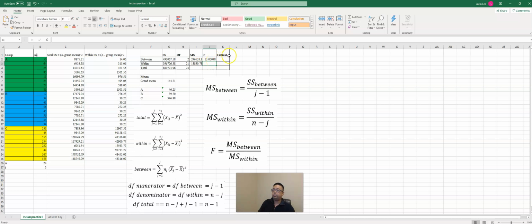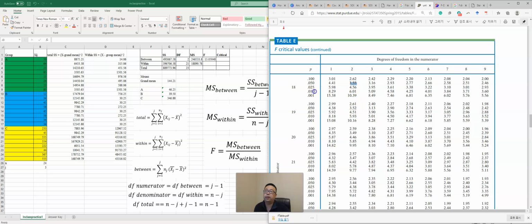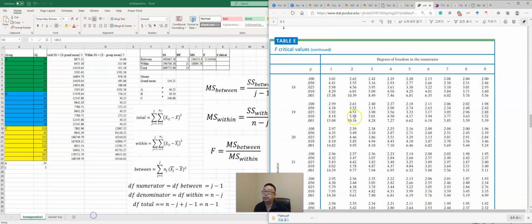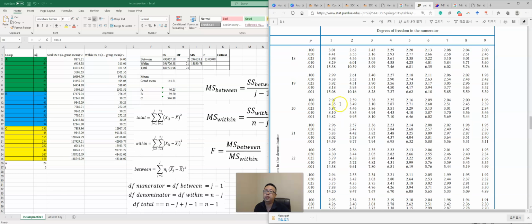So we need to go to F critical. So let's try to find the number. Now we have degrees of freedom as 2, right? Same. And degrees of freedom 21. So 21 is here, right? And we are using the 0.05 as our upper level.